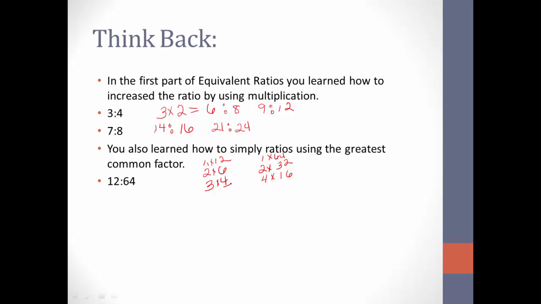So I see that 4 is the greatest common factor. So let's try. 12 divided by 4 is 3. 64 divided by 4 is 16. So my simplified ratio is 3 to 16.